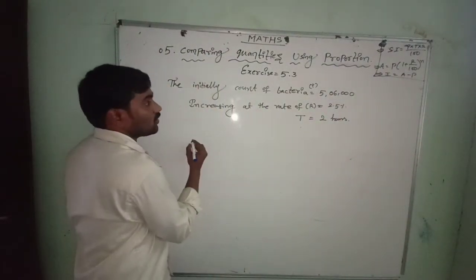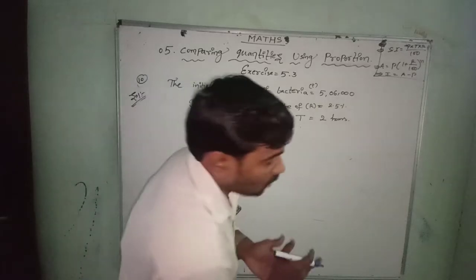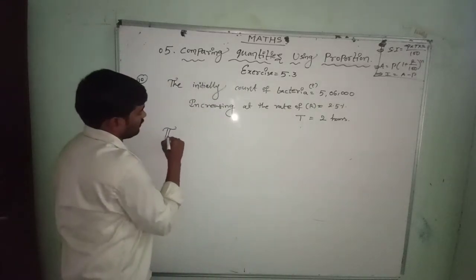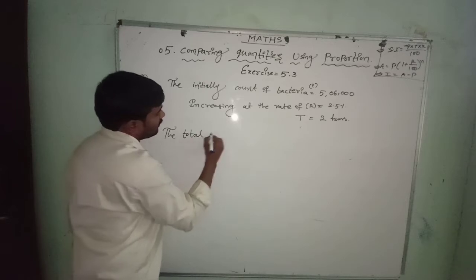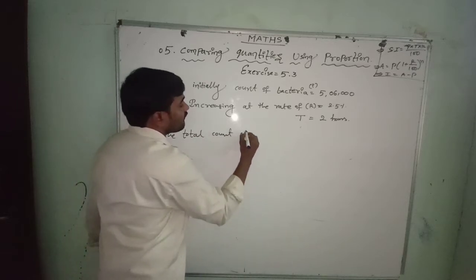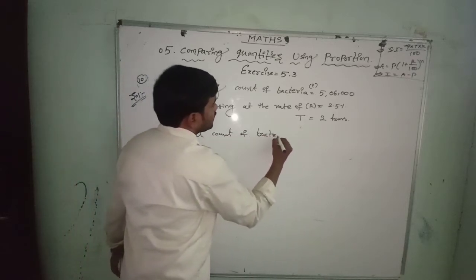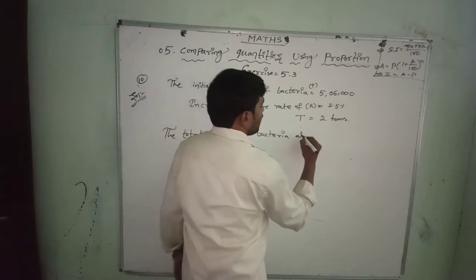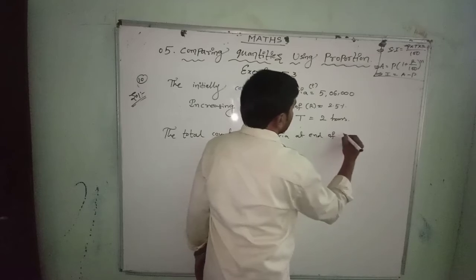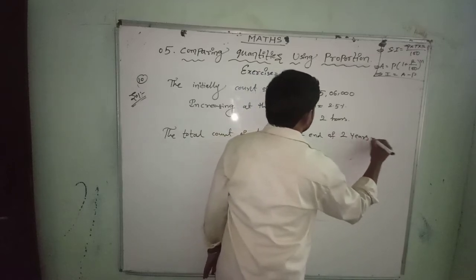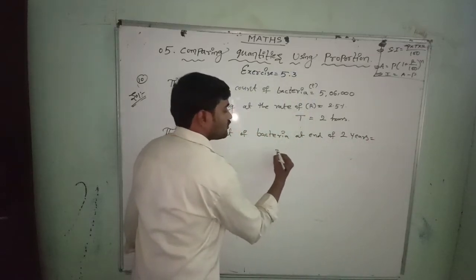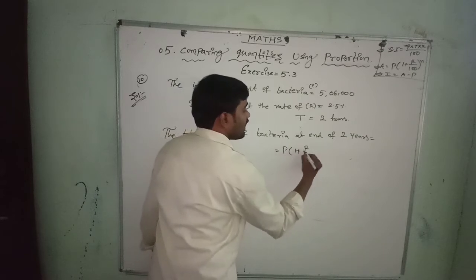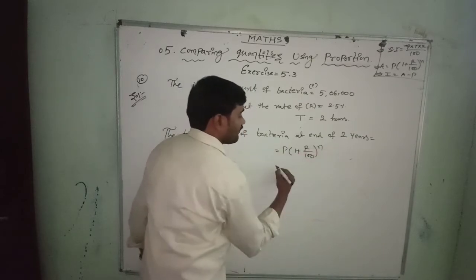So the total count of bacteria at the end of 2 hours equals, you use the P of 1 plus R by 100 whole to the power of n formula.